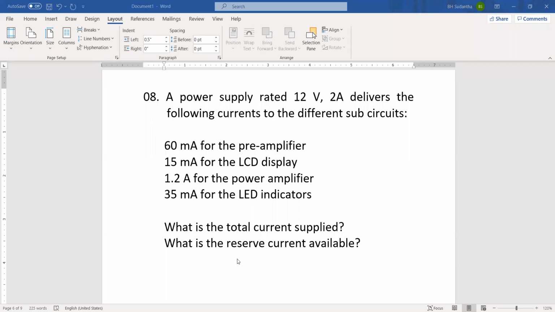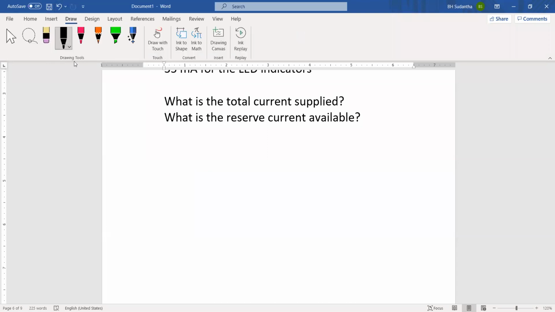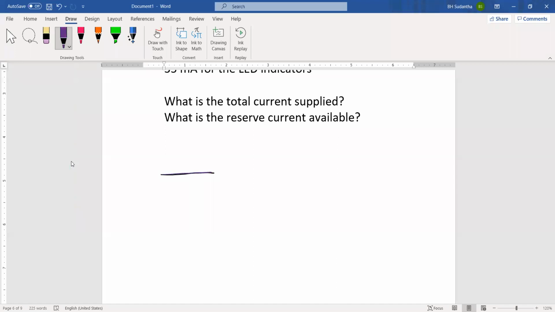This question says there is a power supply. From this power supply line, the positive terminal is there and 0 volts terminal is there.